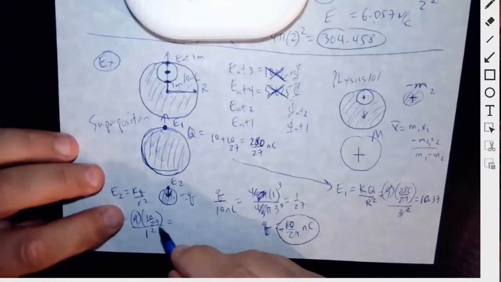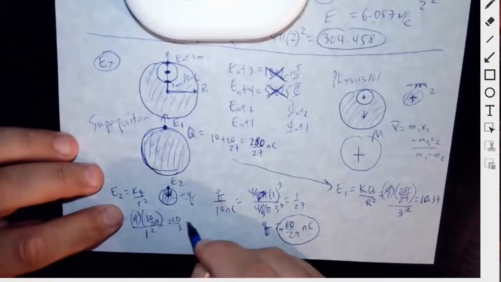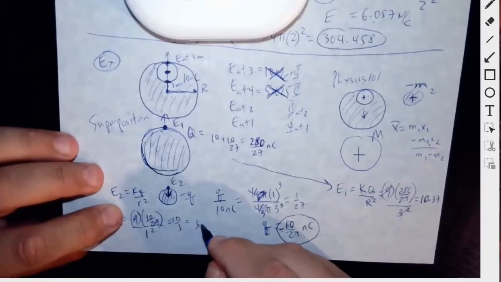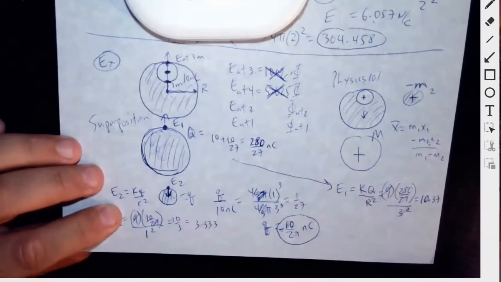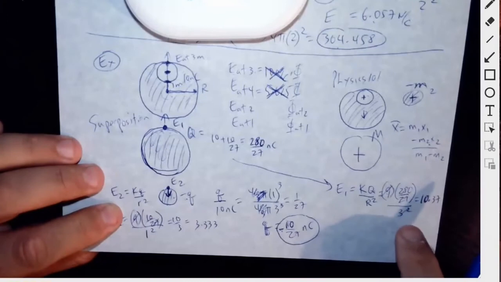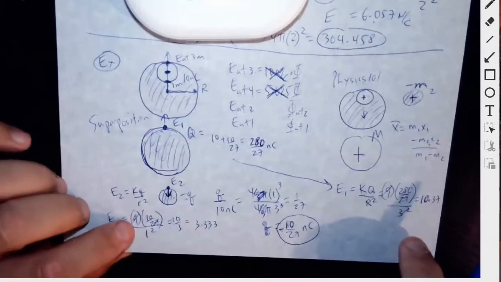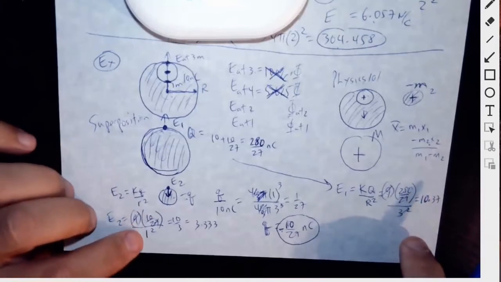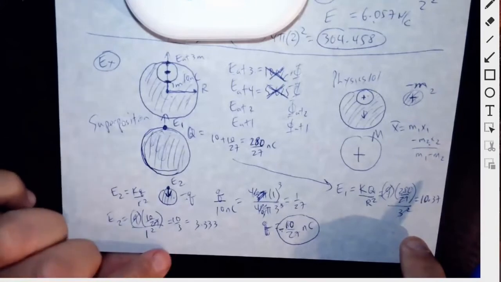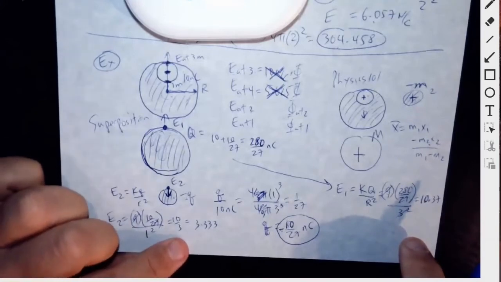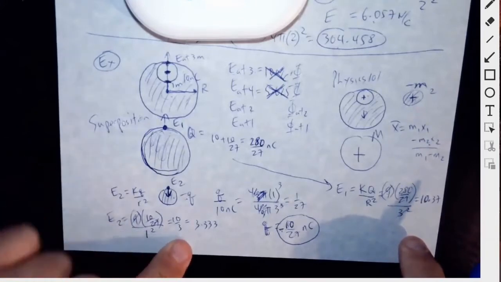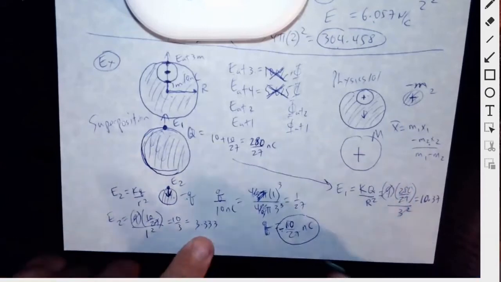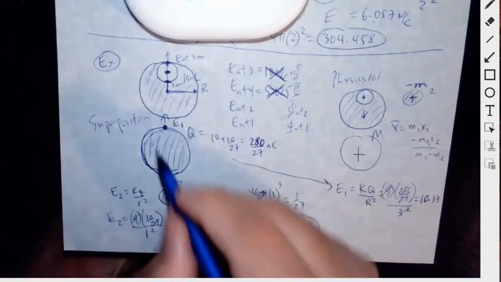Everything goes 10 over 3, 3.33. Okay, so did I do that right? 9, 10 over 3. Yeah, 3.333.